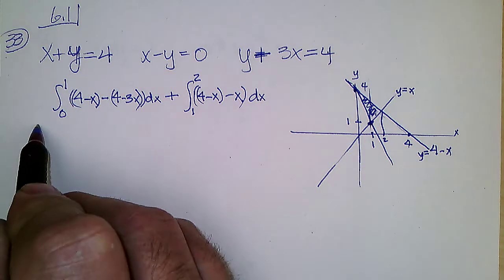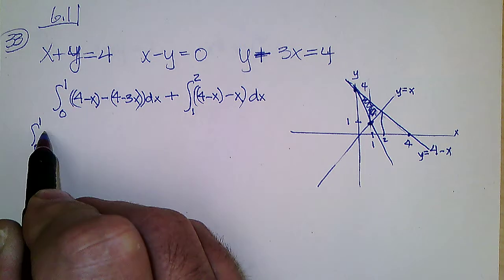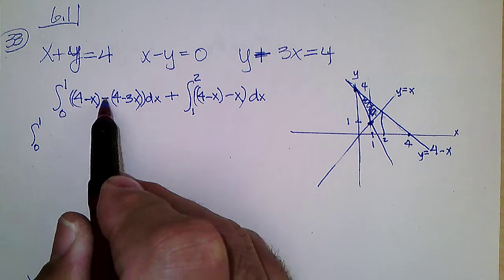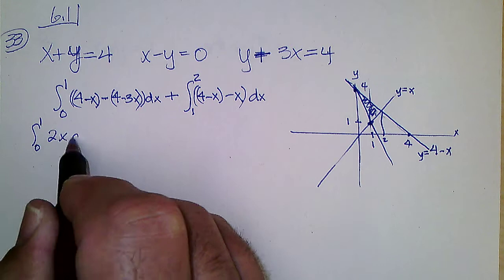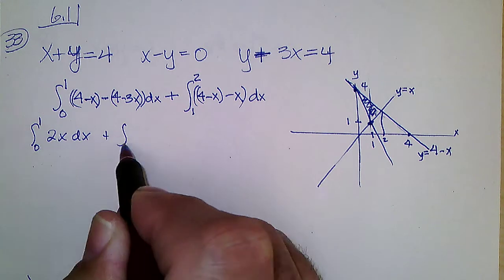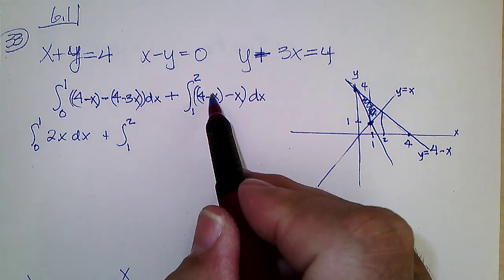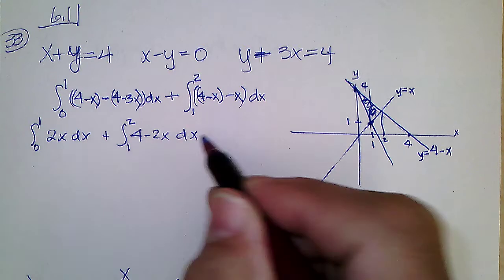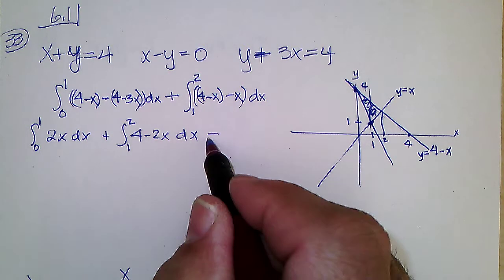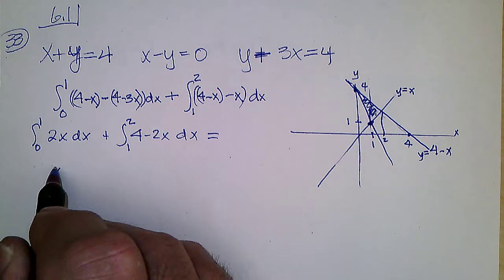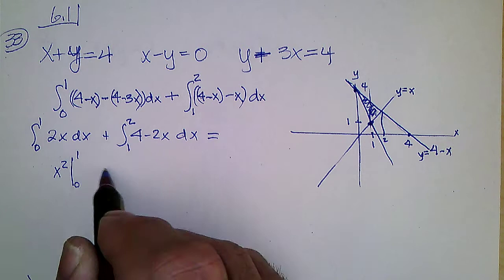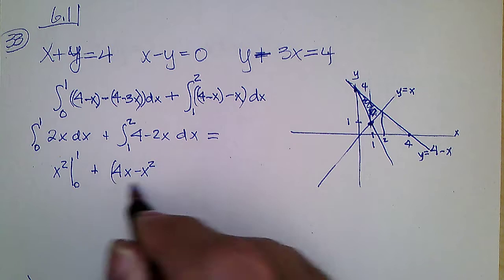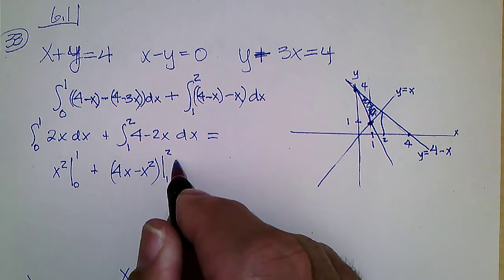So this becomes the integral from 0 to 1 of 4 minus 4 is 0, minus x plus 3x is 2x, plus the integral from 1 to 2 of 4 minus x minus x, which is 4 minus 2x. And so if I integrate these, this becomes x squared evaluated from 0 to 1 plus 4x minus x squared evaluated from 1 to 2.